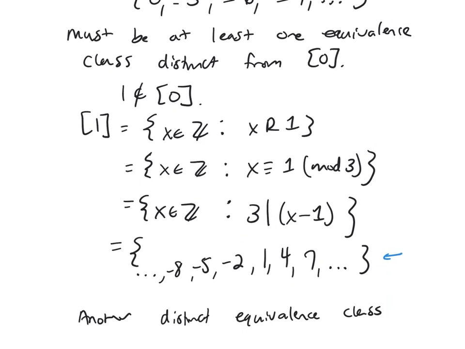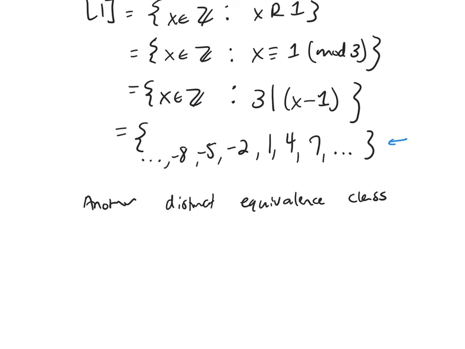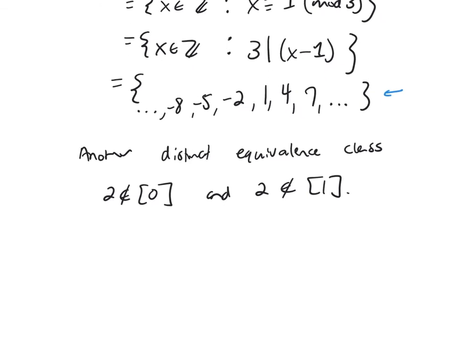So for example, 2 is not in either one of these. 2 is not in the equivalence class of 0, and 2 is not in the equivalence class of 1. So I can now look at the equivalence class of 2.